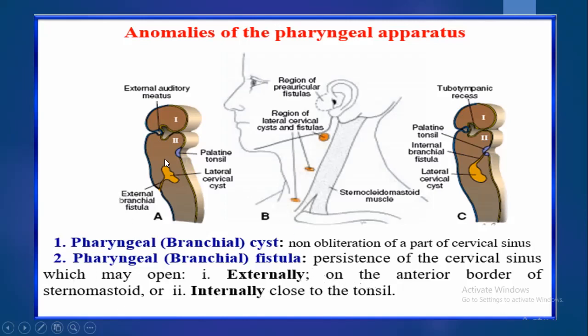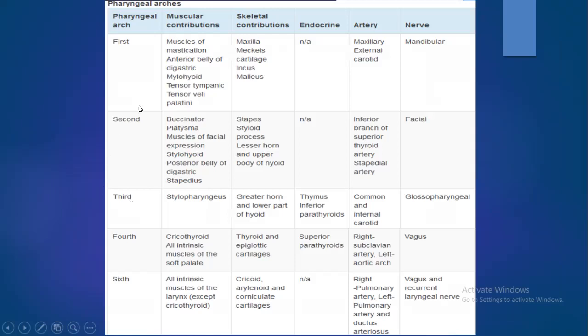The important point is what we call the pharyngeal cleft. The pharyngeal cleft comes between the arches: between the first and second arch, the second and third arch, and so on. This is known as a pharyngeal cleft. And this is a schedule here.